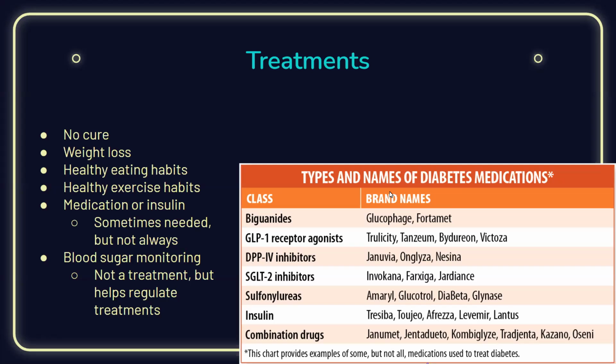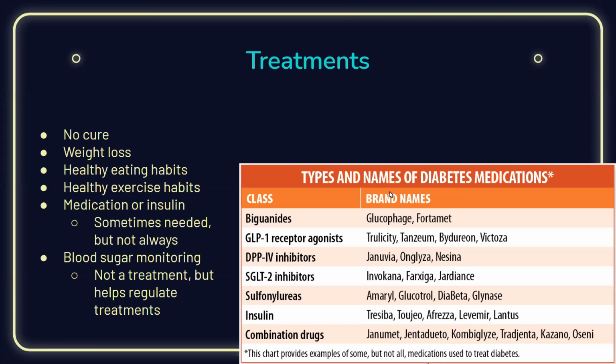And so there are different medications, which you can see in this chart over here. I'm not going to go over all of them, but you can use one of those at a time, or you can use several of them at a time. It all depends on what your doctor prescribes to you.